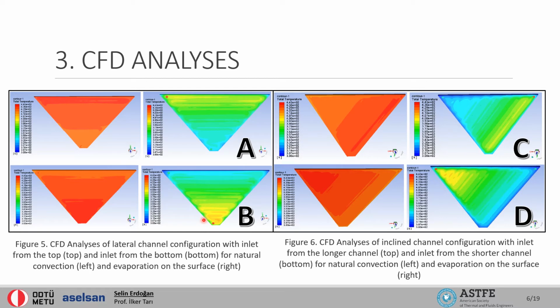For example, in configuration A, hot oil enters the parallel channel geometry from the top, from this point. Therefore, the top part is hotter and it gets colder as the oil circulates and transfers its heat. Therefore, the temperature of the lower surface is lower. The condition is opposite for case B, where the oil enters from this point, from the bottom.